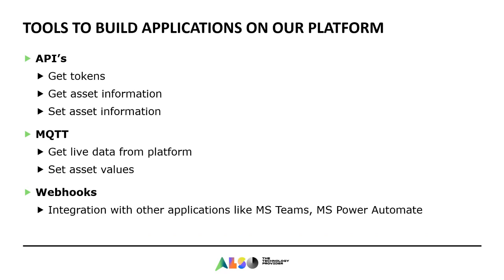You will see right away what all these things are. Don't worry. MQTT gets live data from sensors. You can also set asset values on sensors. And we also do support webhooks to have an integration with third-party tools like MS Teams, MS Power Automate. So we also support that.